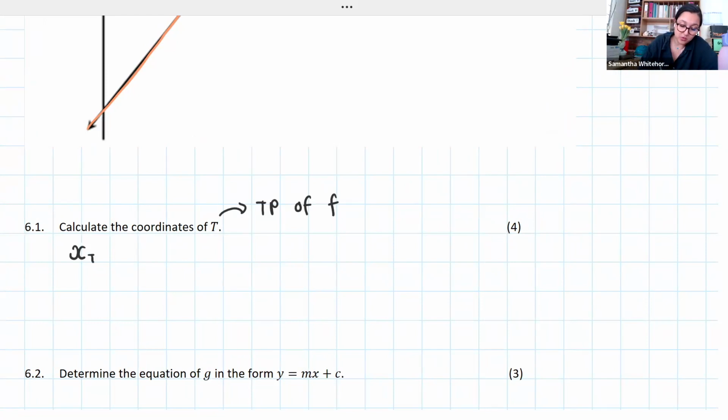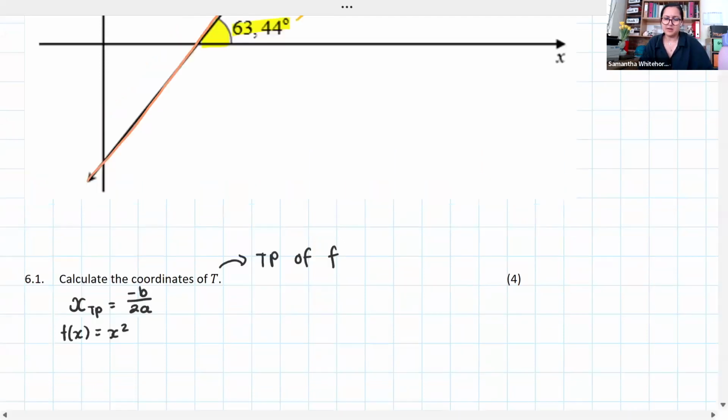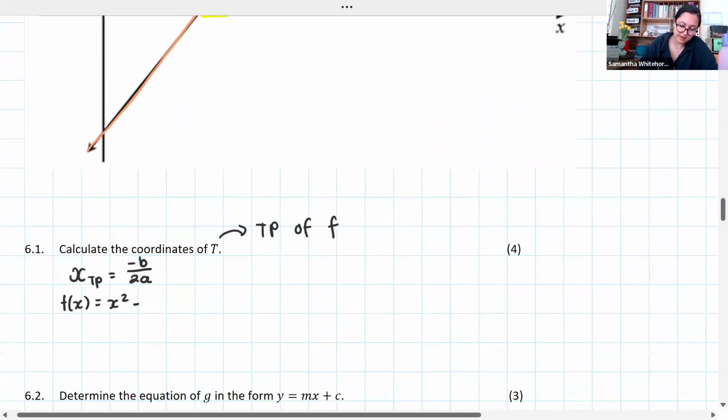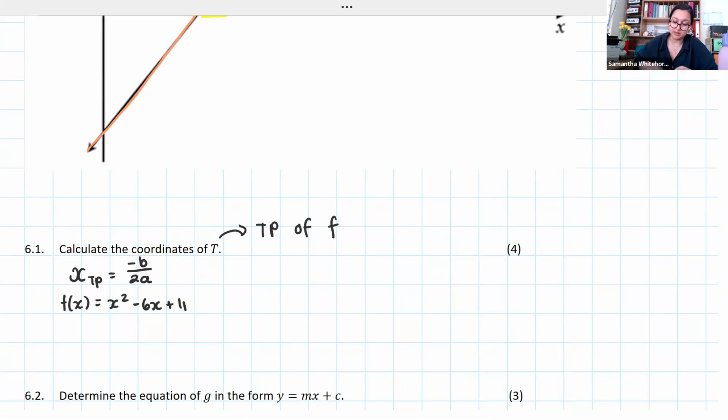Remember that the x-coordinate of your turning point is found by the little formula minus b over 2a. If you remember that, you can find the coordinates. Your graph must always be in standard form to use this. In this case, our graph is in standard form, because it was given to us as x squared minus 6x plus 11. Standard form would be ax squared plus bx plus c.